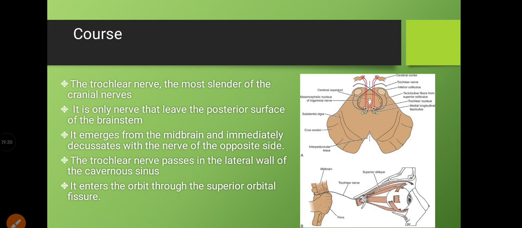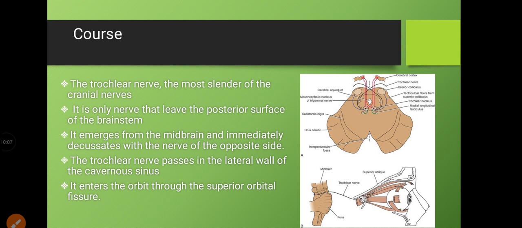This nerve, as I mentioned, leaves the posterior aspect of the midbrain at the level of inferior colliculus, then runs in the middle cranial fossa, and then through the cavernous sinus, it enters the orbit through the superior orbital fissure. It supplies one muscle, the superior oblique muscle.